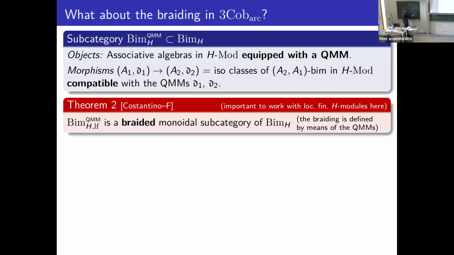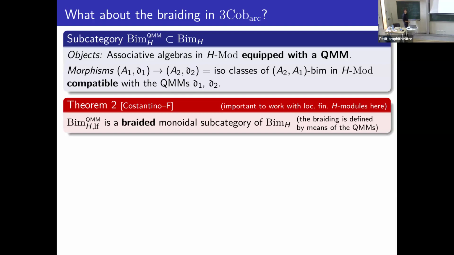To a linear form, you want to associate a function on V. So evaluation on V will be this: you apply it to the monodromy matrix, which is an element of H, and then you act on V. This is the quantum moment map for the internal End.